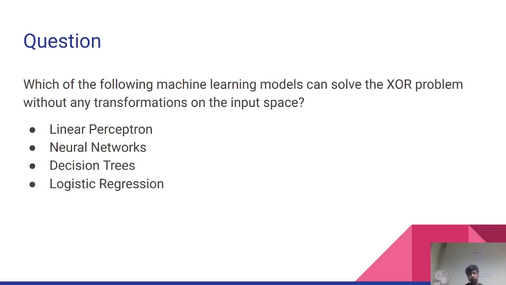Which one among the following can classify them? Suppose the input 0 0 should give output 0, 0 1 should give 1, 1 1 should give 0, and 1 0 should give 1. Which of the following models can do this?